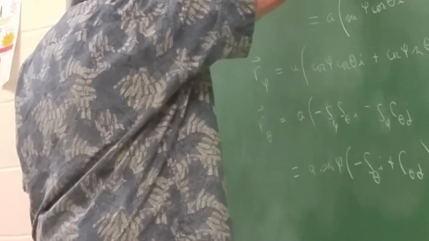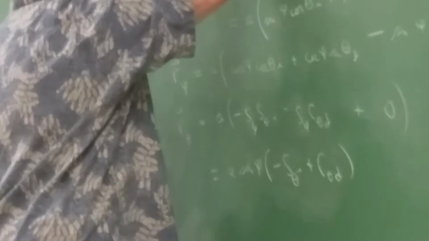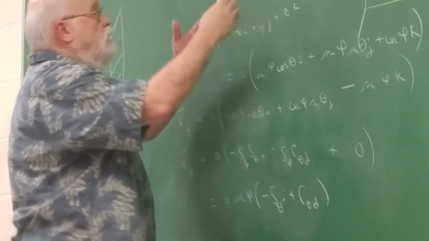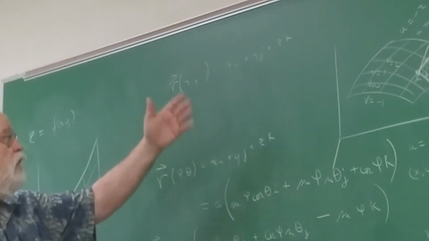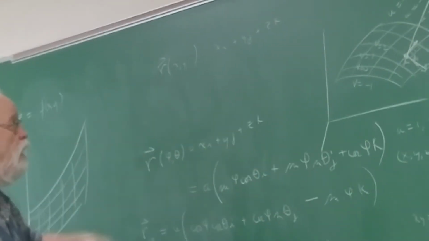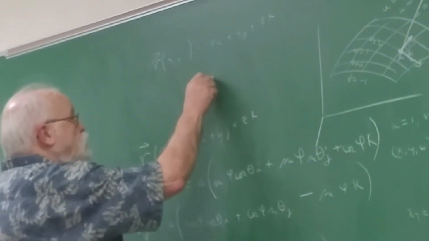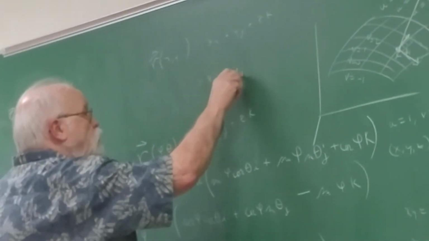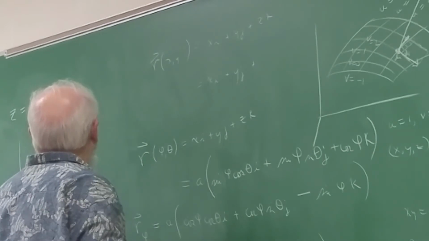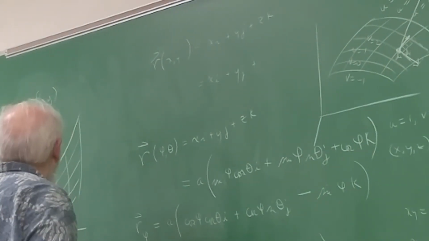So I'm going to do r of x, y. And so r of x, y is x i plus y j plus z k, and x, y, and z are functions of x and y. But z is, oh, wait a minute, I don't like it.